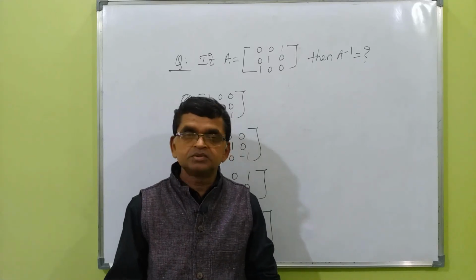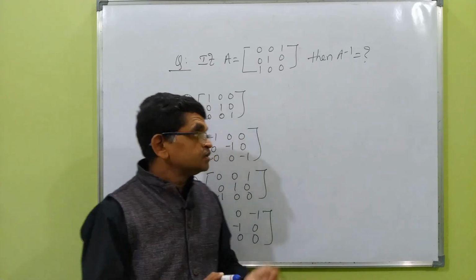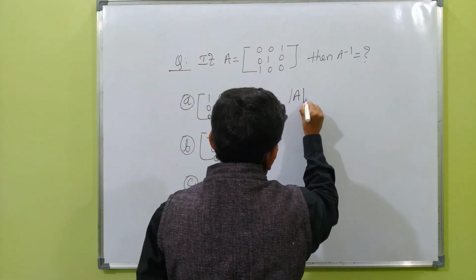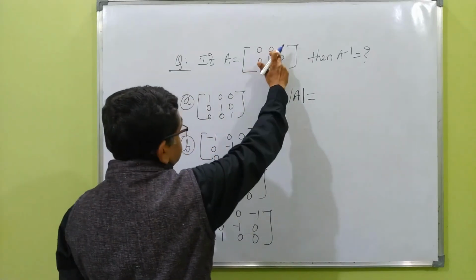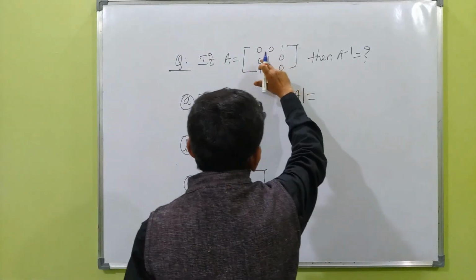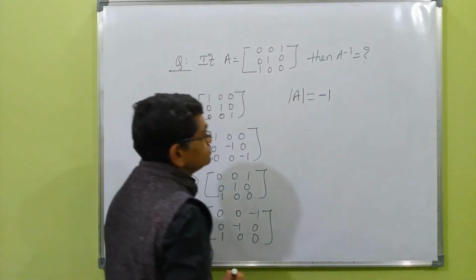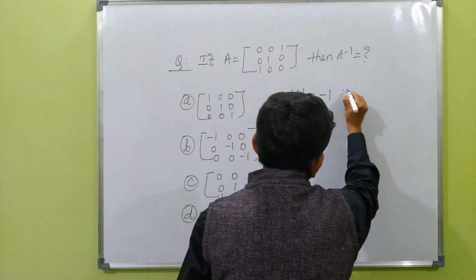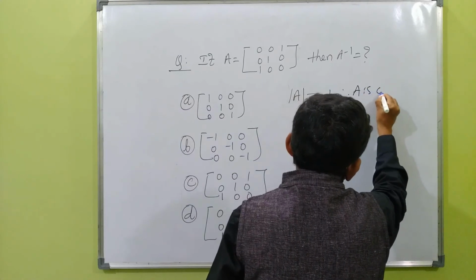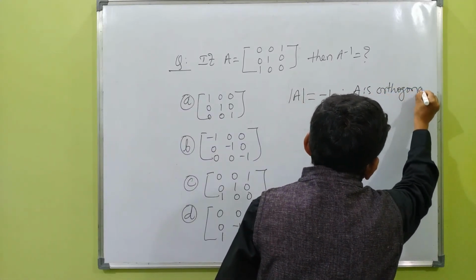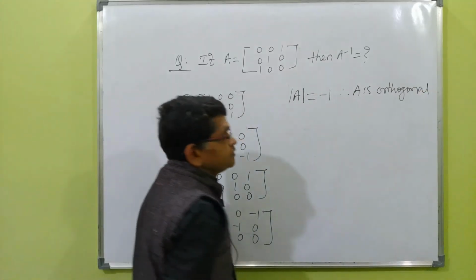It takes some 2-3 minutes. If you see here, modulus of A is, these two are 0, means 1 into 0 minus 1, so minus 1. Therefore, A is an orthogonal matrix.